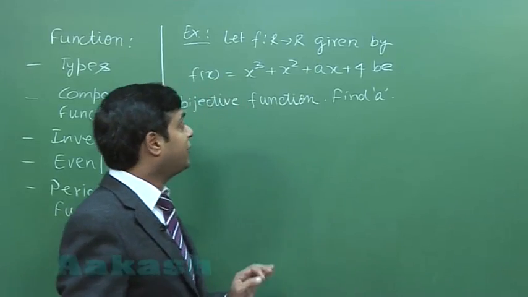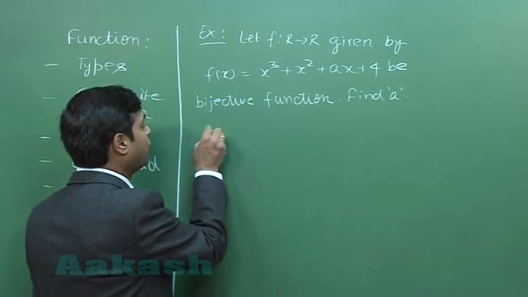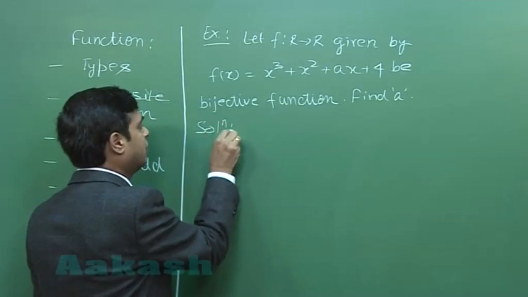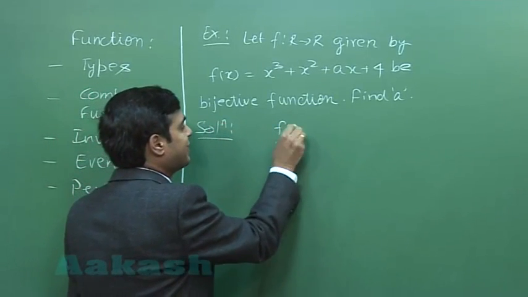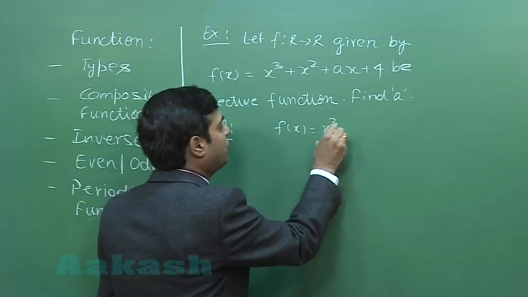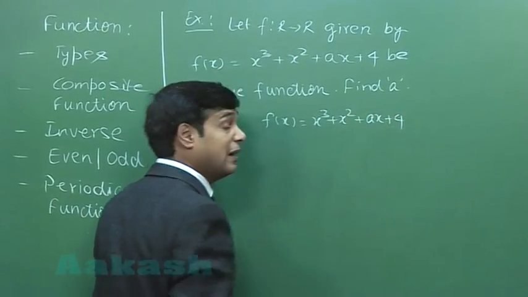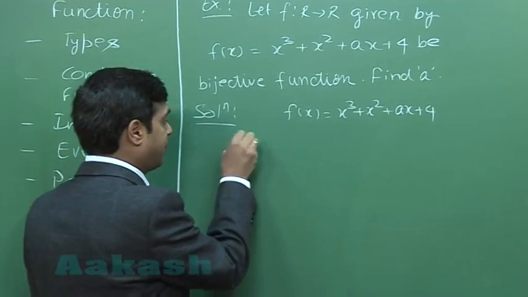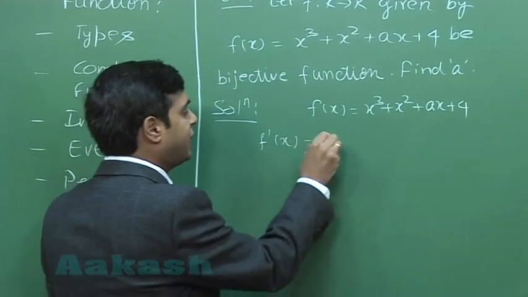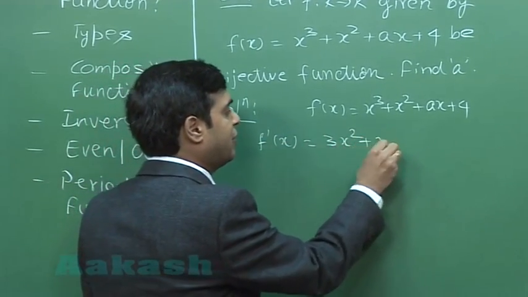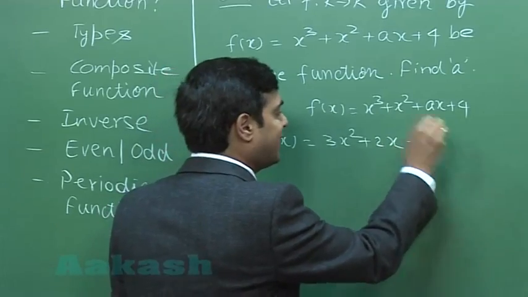Correct? Now the function is one-one onto. So how do we go about this kind of question? f(x) is given to me as x cube plus x square plus ax plus 4. Let's find the derivative. f dash x is 3x square plus 2x plus a.